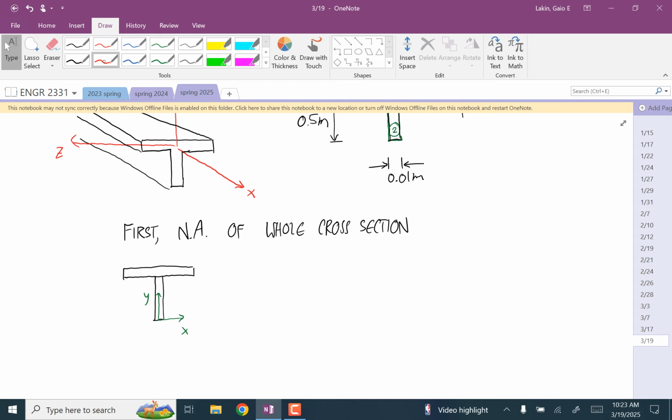So if this is shape 1 and this is shape 2, let's start with 1. The area of shape 1 is 0.5 times 0.01, so 0.05 meters squared.